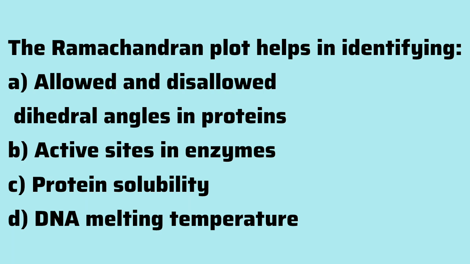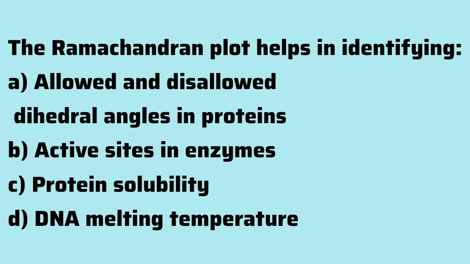The Ramachandran plot helps in identifying, these are the following options. In the primary structure of proteins, when it undergoes folding, it forms the secondary structures. Here the dihedral angles are present between the C alpha and N and the C alpha and the C. A particular combination of dihedral angles will lead to one stable secondary structure, but not all possible combinations of phi and psi are allowed due to the steric hindrance of the side chains.